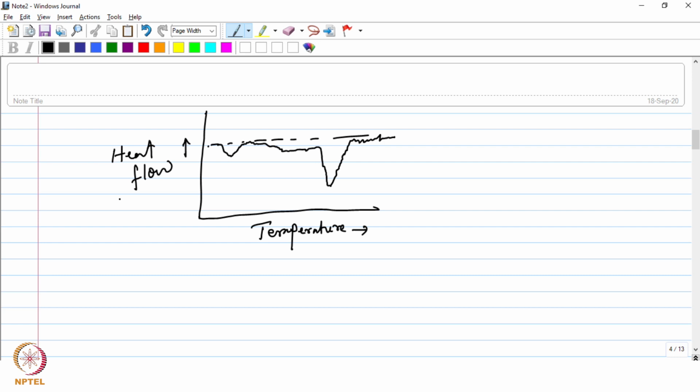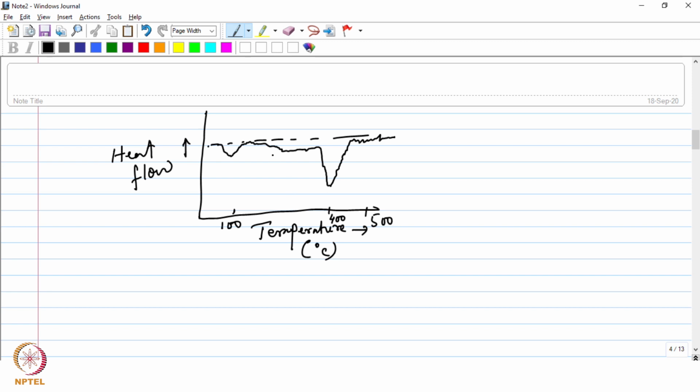Right, so you can see at a lower temperature, let's say this is around 100 degrees Celsius, and on this side, let's say here it is around 500 degrees Celsius, and close to the peak it is around 400 degrees Celsius.